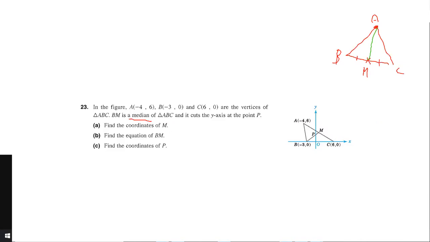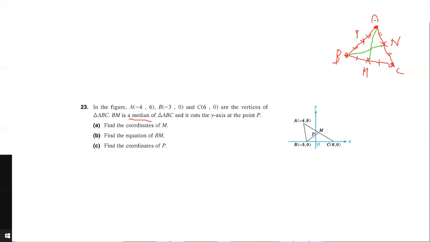But we can start from point B, right? If we start from point B, then we will find the midpoint of the opposite side is N. N is the midpoint of the side AC. And then BN will be a median. Okay, BN is also a median. And of course, if we start from vertex C, we can find the midpoint P. P is the midpoint of the side AB.